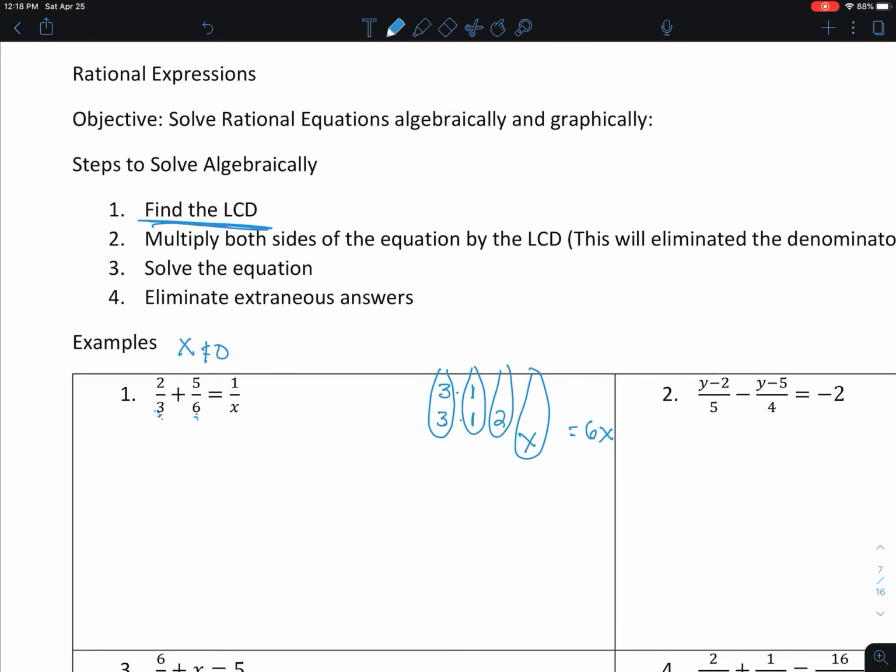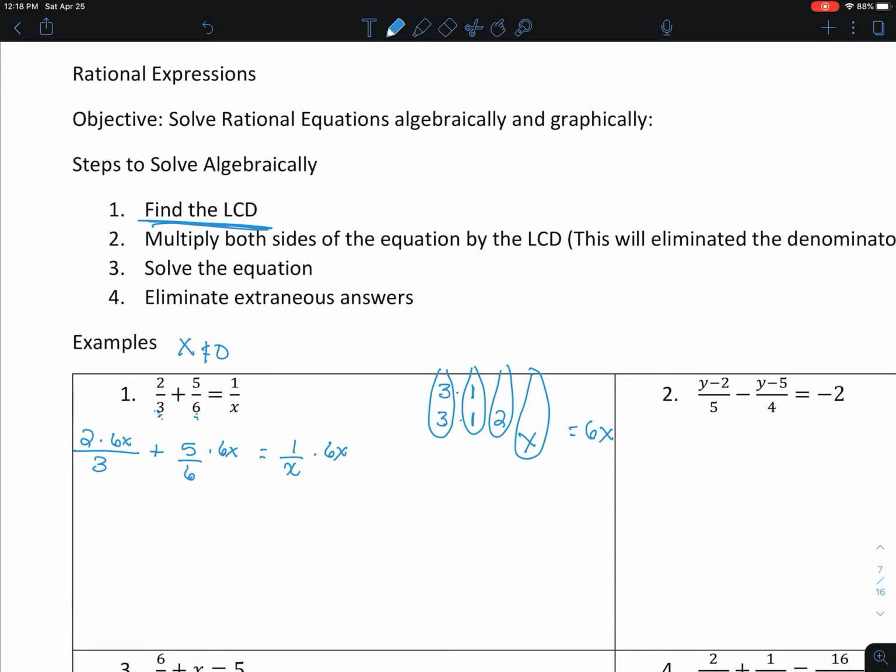Once I have that understood, I am going to multiply each term by 6x. So this is 2 times 6x over 3 plus 5 over 6 times 6x. And that's 1 over x times 6x.